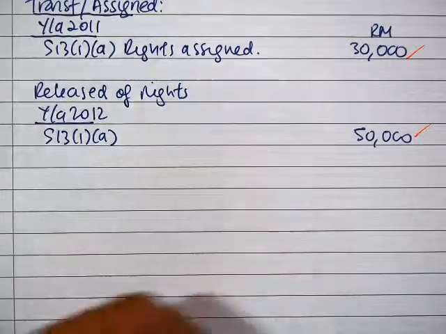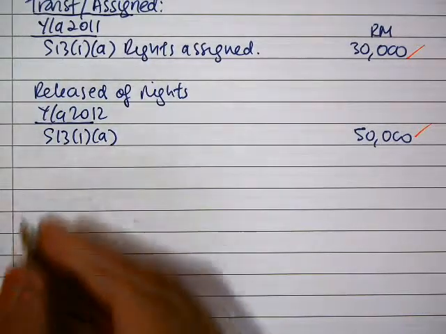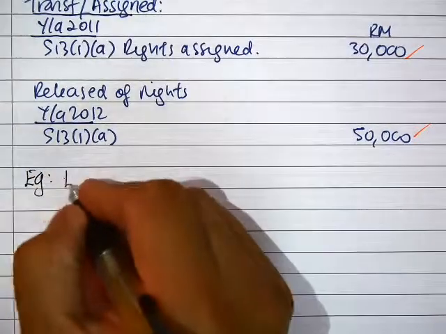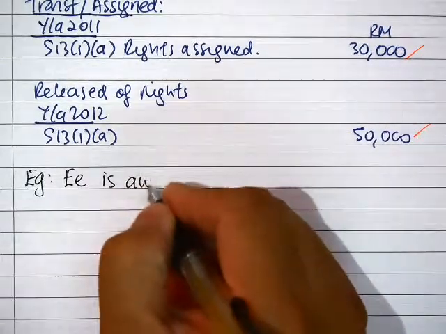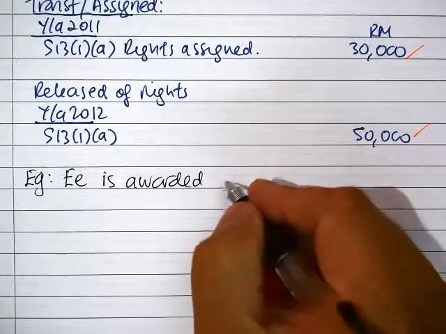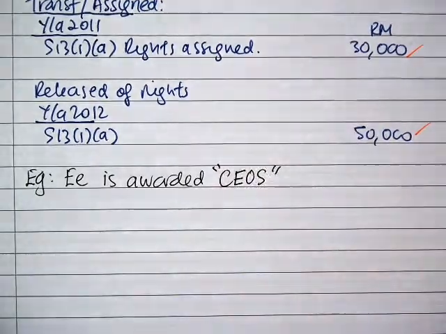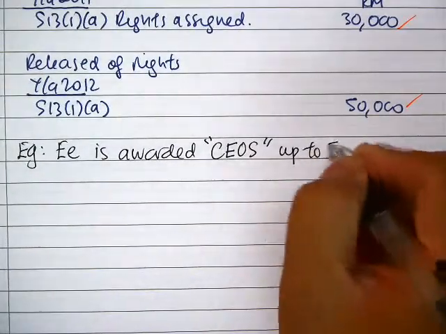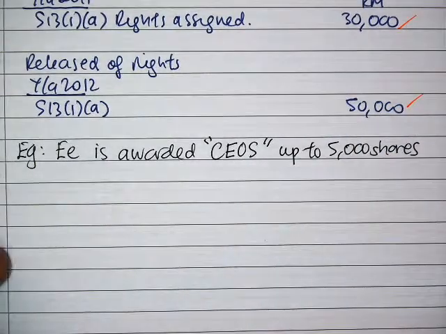Now let's say for example, that the employee is awarded a cash equivalent of share up to 5,000 shares.